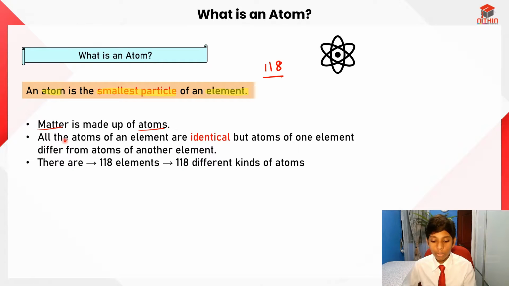So all the atoms of an element are identical, but atoms of one element differ from atoms of another element.